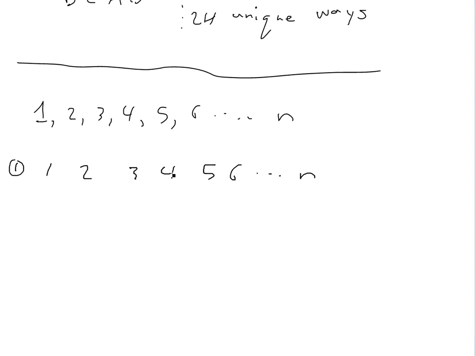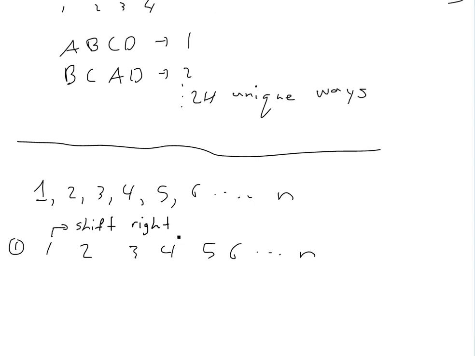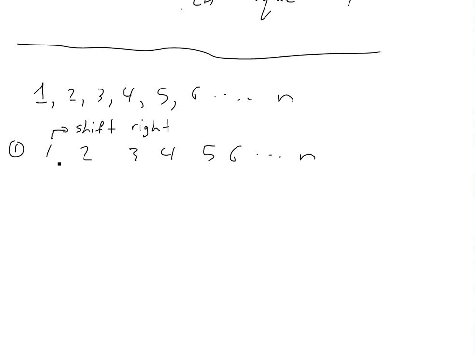So that's 1. What we're going to do here is shift the 1 to the right. So the 2 goes here, and we get 2, 1, 3, 4, 5, 6 all the way to n. Then it's going to be a diagonal.